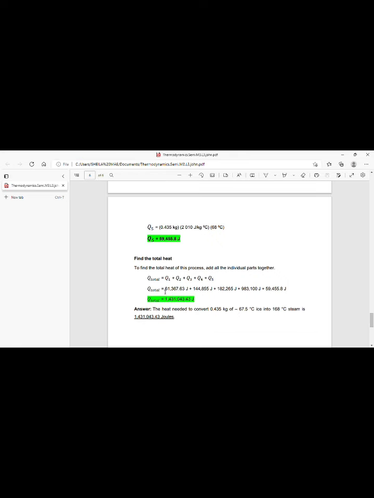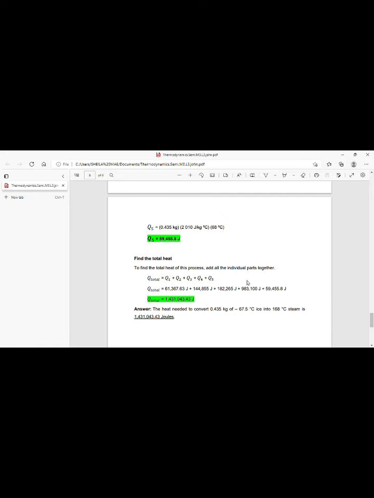Total heat energy is equal to 61,367.63 joules, which is the heat energy of part A, plus 1,044,000, rather, plus 144,855 joules, plus 182,265 joules, which is the answer of heat energy number 3, plus 983,100 joules, the heat energy number 4, plus 59,455.8 joules, the heat energy number 5.